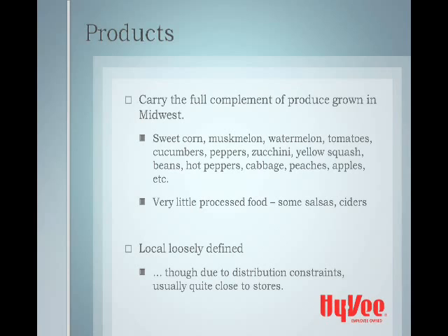So, as far as in the Midwest, we try to carry the full complement of items that are available. The biggest challenge being that obviously it's so incredibly seasonal. We've got a 3 or 4 month window where we've really got to do a good job with it. And again, you can see some of the items: sweet corn and muskmelons and tomatoes and cukes and peppers, mostly commodity veg, and then there are some in some areas like local peaches, apples, and things like that.